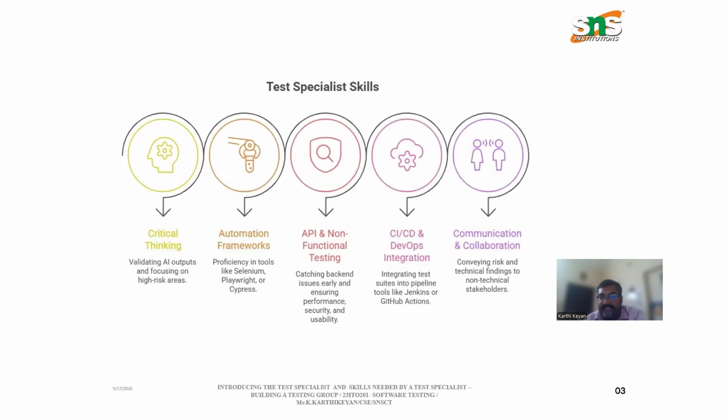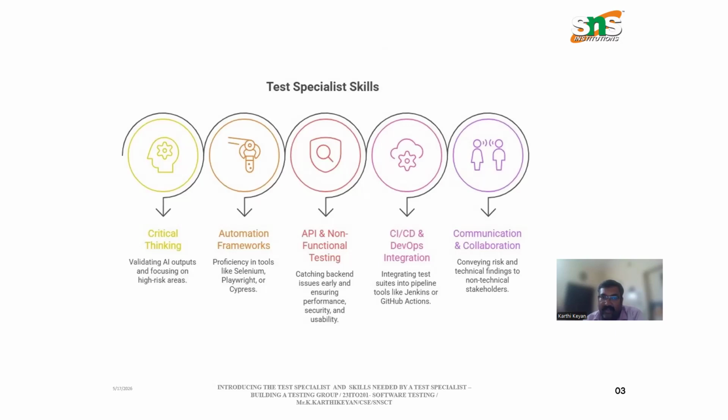Test specialist skills are based on critical thinking, automation frameworks, API and non-functional testing, CI/CD DevOps integration, and communication and collaboration. First is validating AI output, focusing on high-risk areas. Then automation proficiency in tools like Selenium and Playwright.